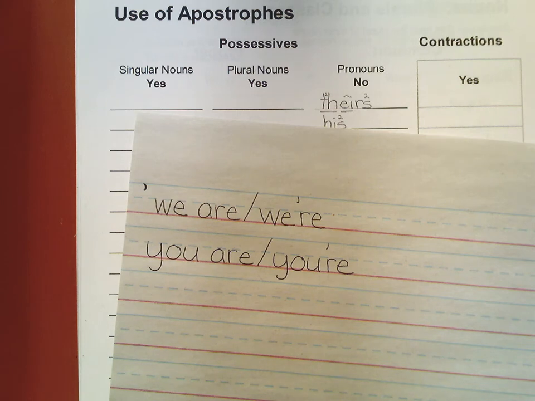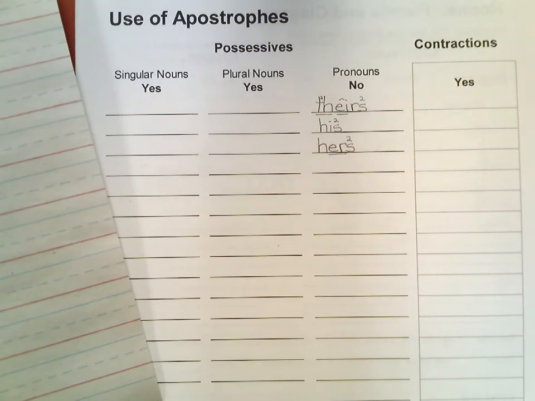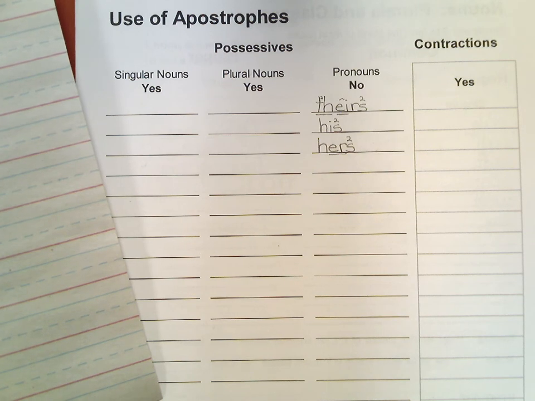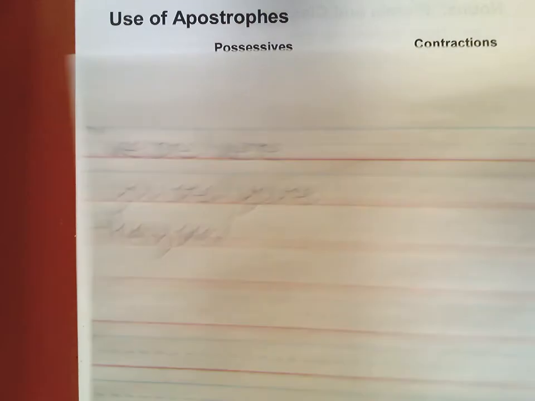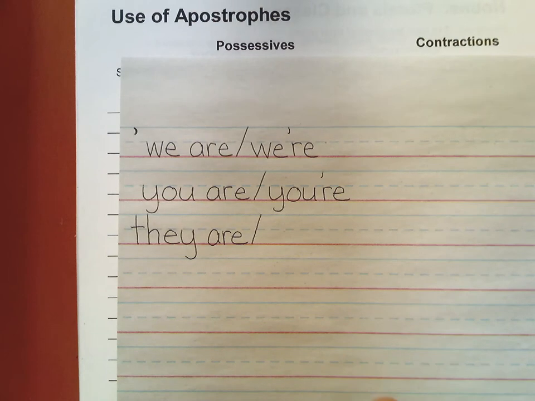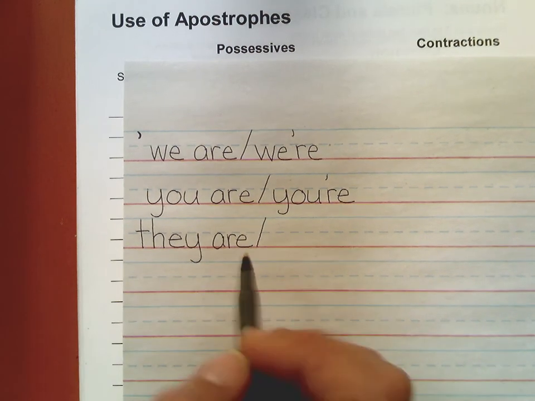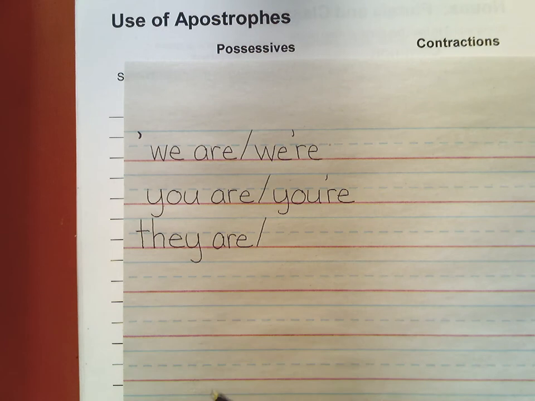All right, our next two words are they are. They are. So go ahead and write those. They are. All right. Class, which letter do we replace with an apostrophe in they are? Good. Once again, it's this. So all of our contractions with are, we're always going to replace this letter with an apostrophe.